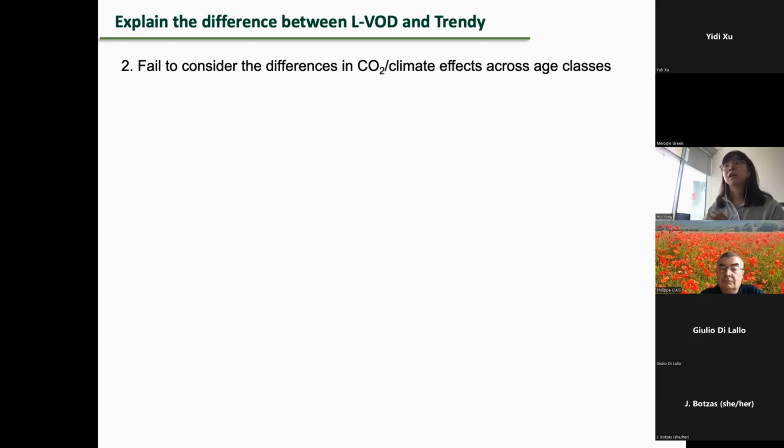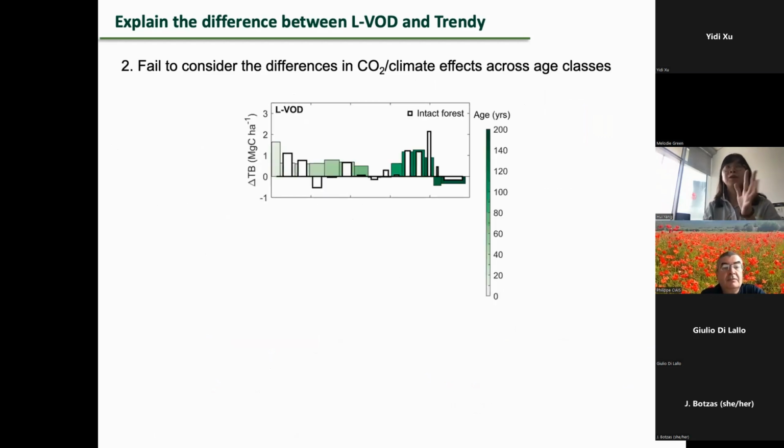We think young forest and old forest should have different capacity to uptake and release carbon, but models don't consider this. We used the forest age map to calculate the average biomass change for the young forest and the old forest.